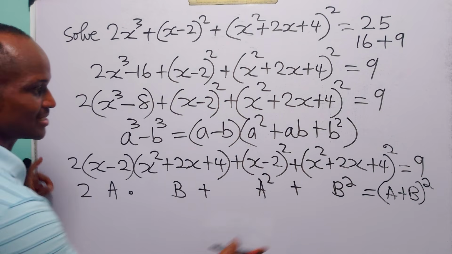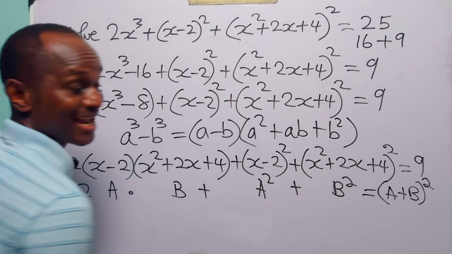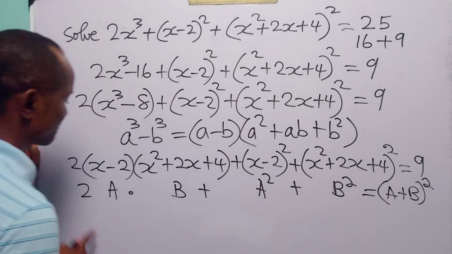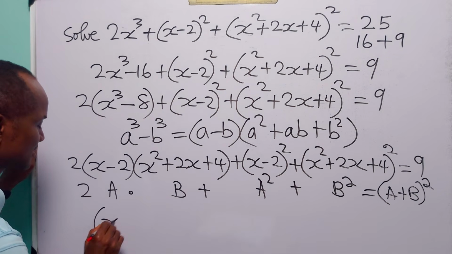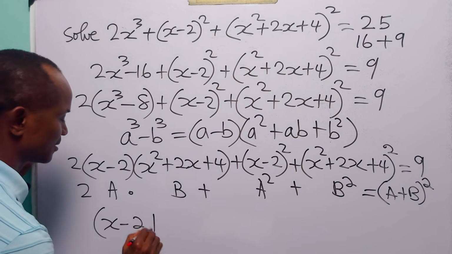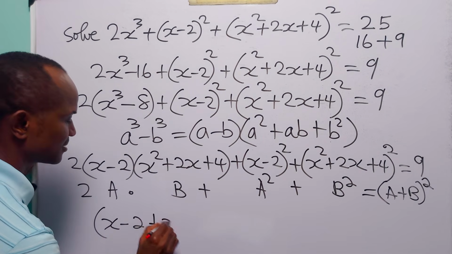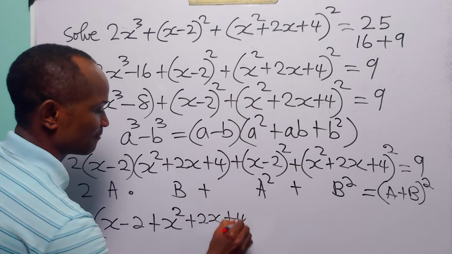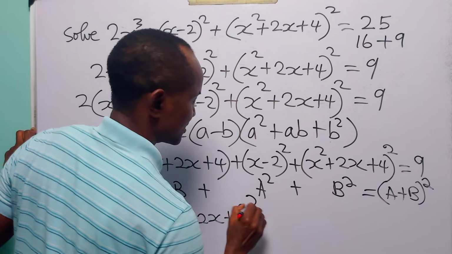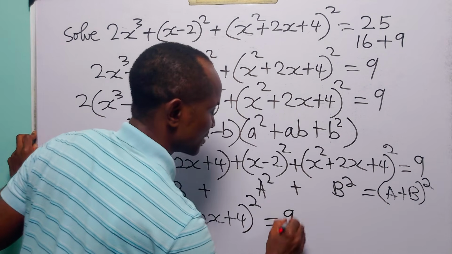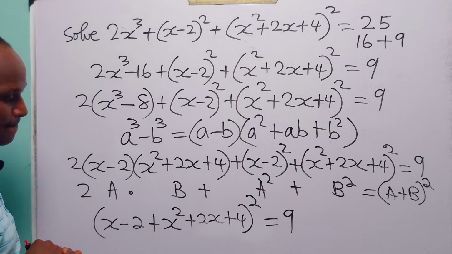Now, this simply means that the whole left-hand side of this long equation can be written as (a, that is x minus 2, plus b, that is x squared plus 2x plus 4) squared. And of course, on the right-hand side, we still have 9.